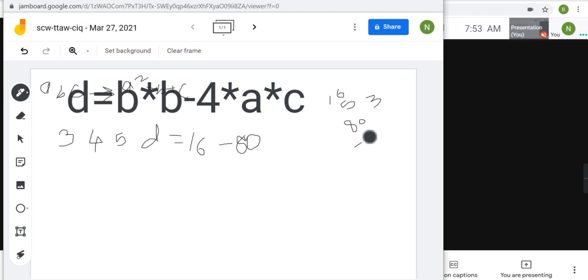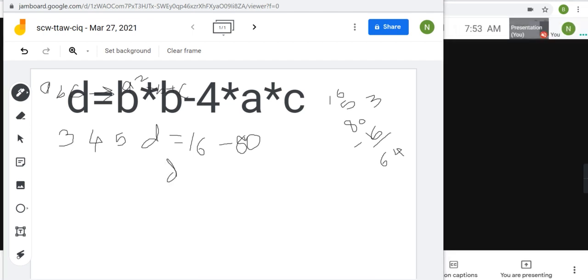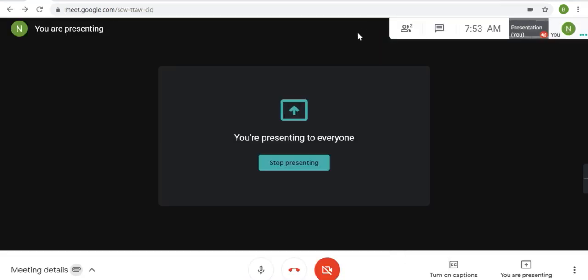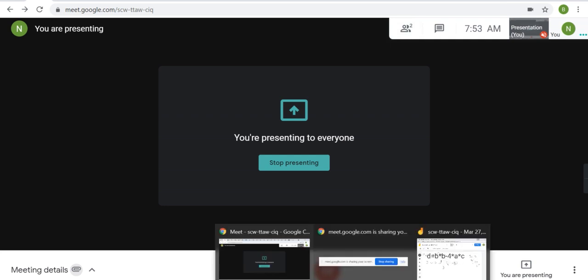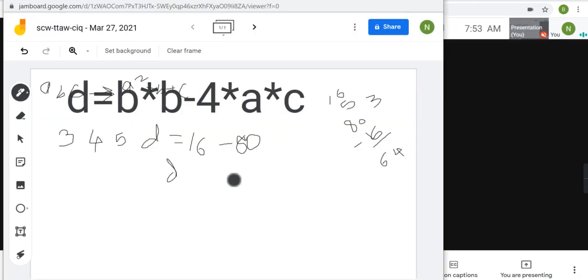So from 80, if we take 16, what is the value? 4 here and 6 here. So the value of D is, so the value of D is equal to how much now? 64, minus 64.